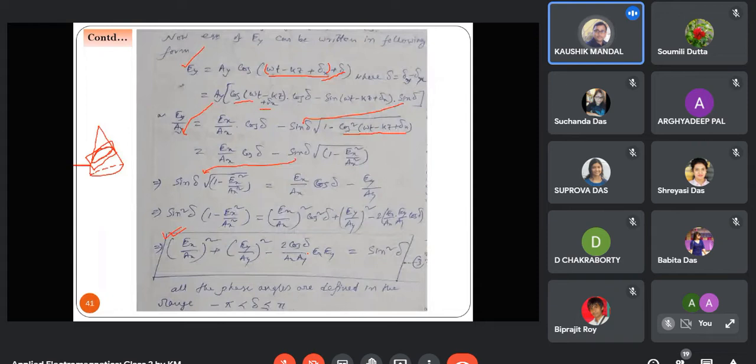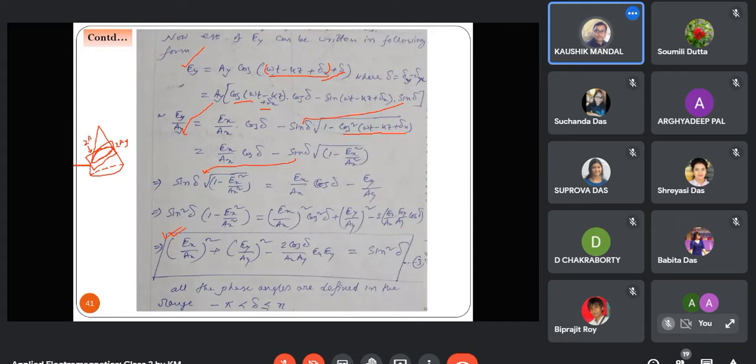And in this rectangle, one arm length will be 2ay, and the length of this arm will be 2ax.